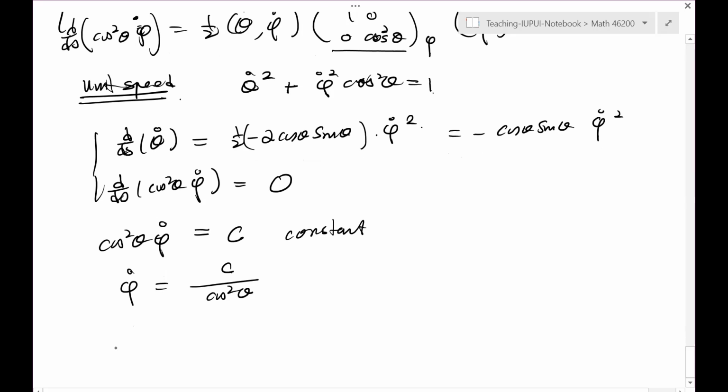Put it here: theta dot square equals 1 minus phi dot square cosine square theta.